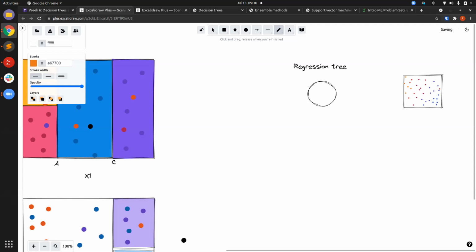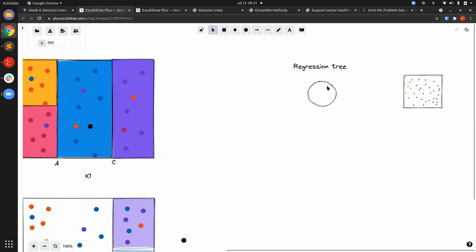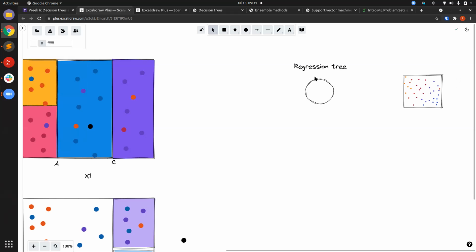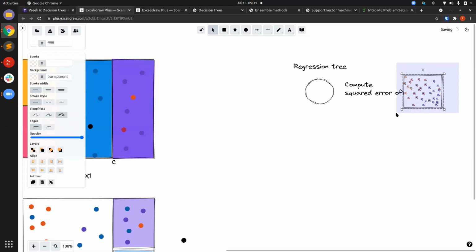If my entire tree is just a root node, that means I have no splits at all. Then my prediction for every sample is the mean of this region, which is the entire region. So I'm going to compute the squared error of this prediction, which is just the mean of the entire space.